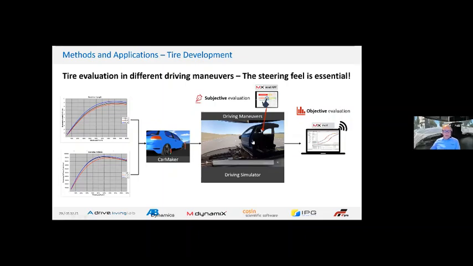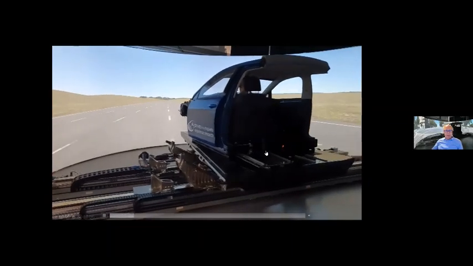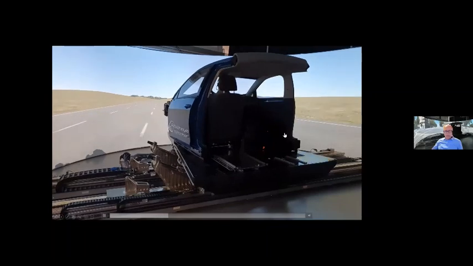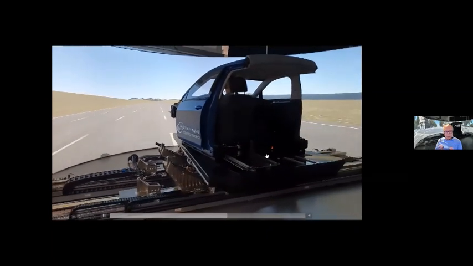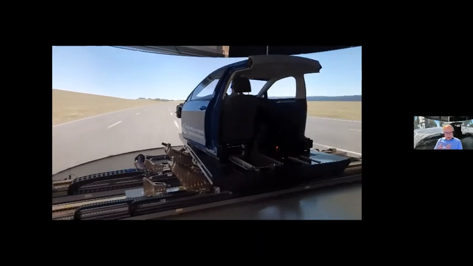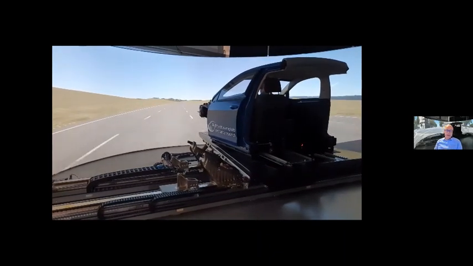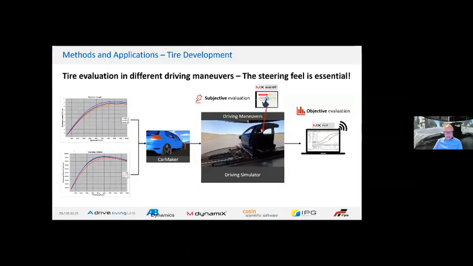You can also eliminate a certain roll behavior. Some test drivers said, I would like to reduce roll behavior to be able to focus more on yaw behavior, to see how is the turn-in ability or the steering response of a certain tire.